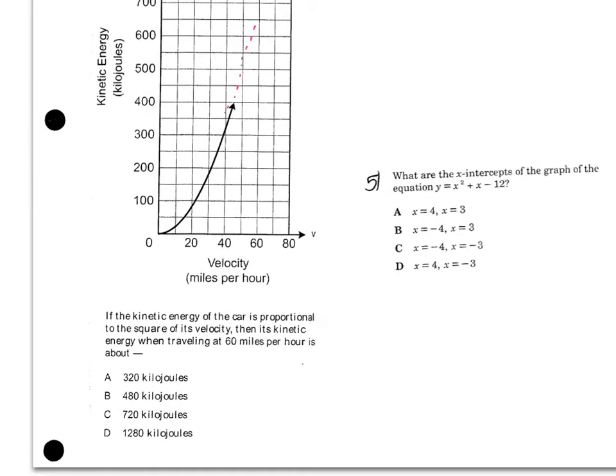Sorry, let me get my pen back. It would be about right here, and that's not where it's at 60, so that can't be an answer choice. 480 would be about right here at the 60, and that doesn't appear to be a very good answer choice. 720, let me move my page down a little bit.